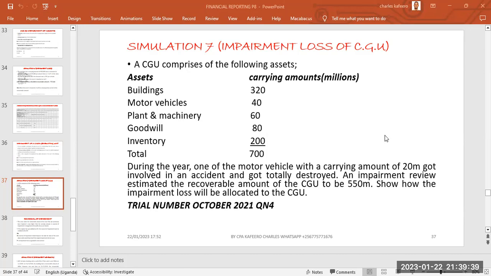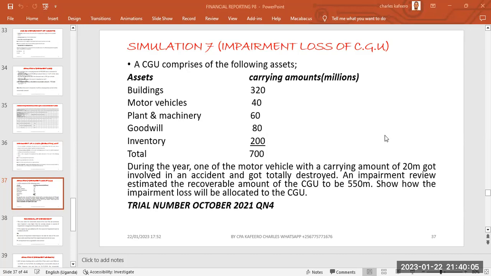Those ones we shall look at when we go to advanced financial management. But even if they come here as items, make sure where there is impairment, you put 0, or we don't subject them to impairment, because other standards have already taken care of them and we can't double deduct their amounts.